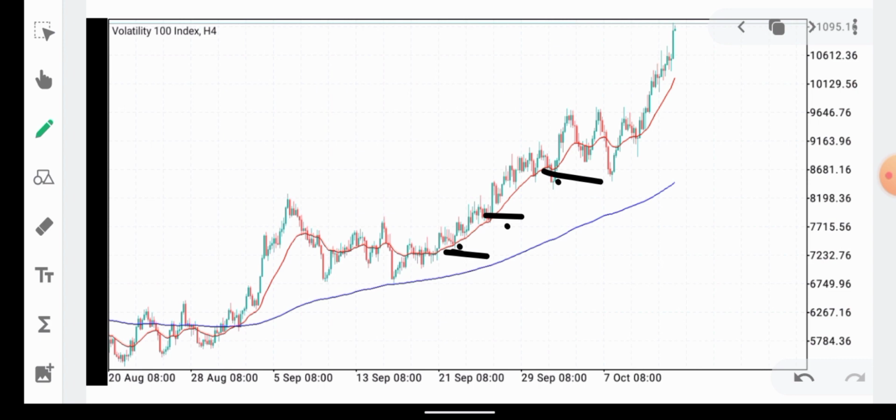I'm very sure by now those that watched the video will have understood that this is actually unbiased. It might consolidate a bit. I purposely did not add the moving average because I don't want it to confuse most of you guys.